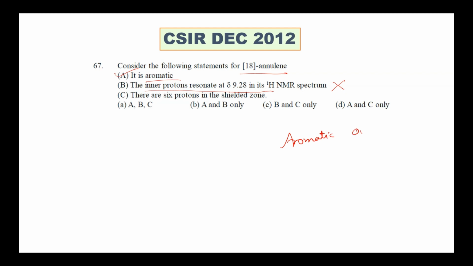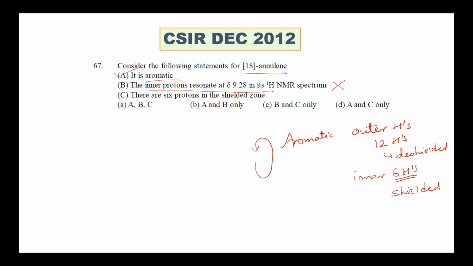The outer 12 hydrogens are deshielded, and the inner 6 hydrogens are shielded. We have seen this in the anisotropic effect, where the secondary magnetic field generated aligns near the outer protons and opposes near the inner protons. So the outer protons are deshielded and the inner protons are shielded. This we have seen already in detail.